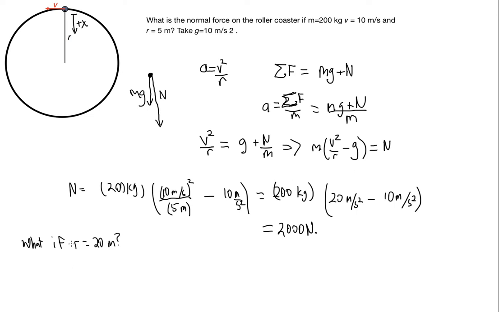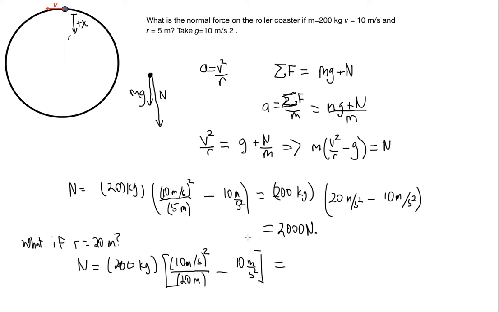Well, then I get that my normal force, N, is equal to 200 kilograms times 10 meters per second, quantity squared, divided by 20 meters minus 10 meters per second squared.